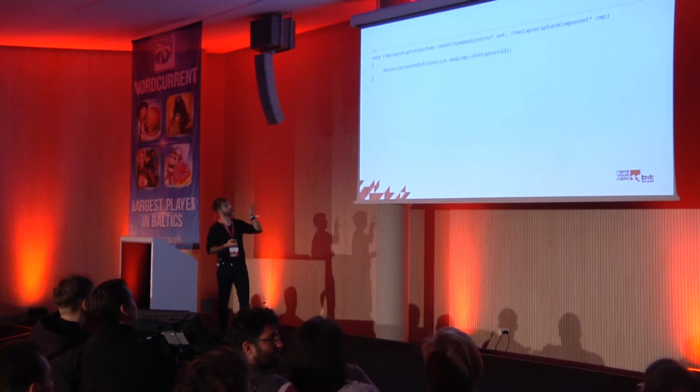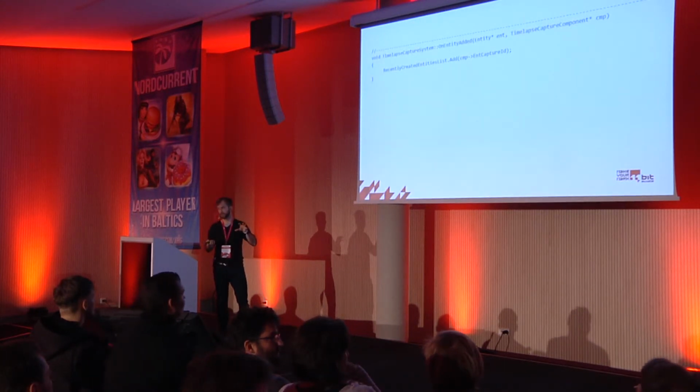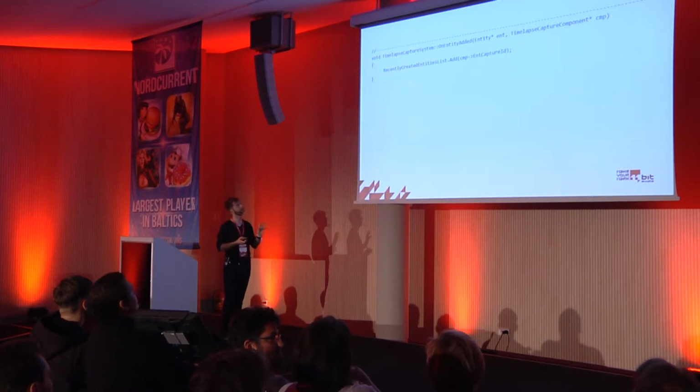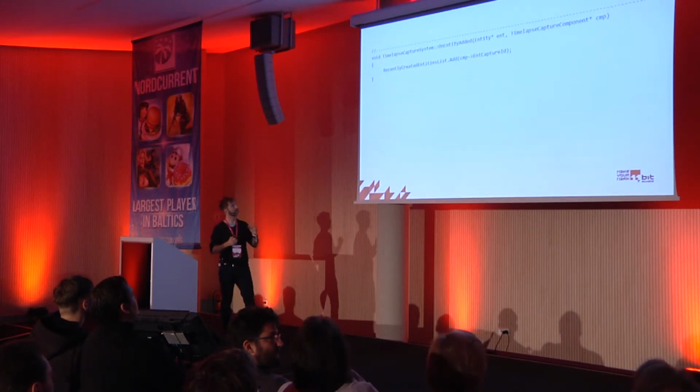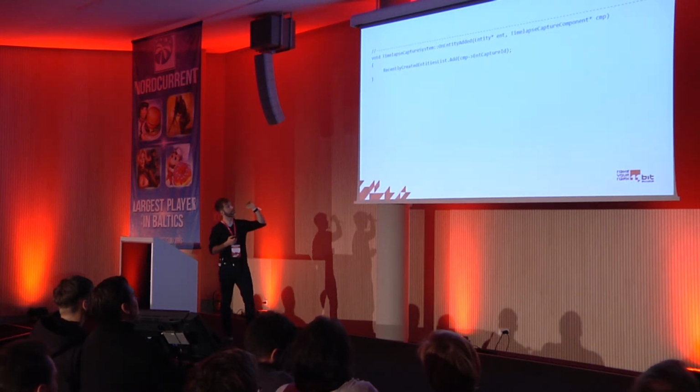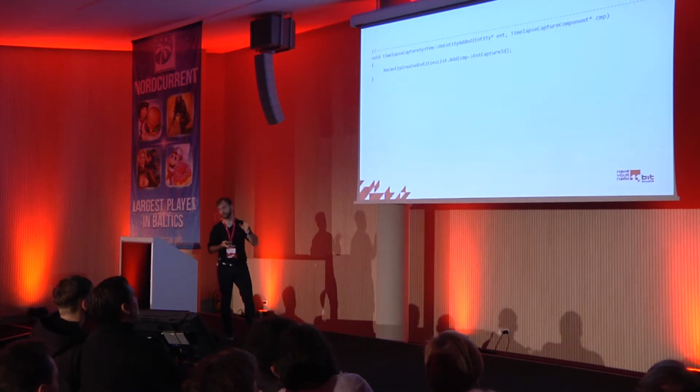Now, when we detected that the entity was added, in our entity component system we have two methods that are called each time we add an entity to the system or remove it from it. So we have entity added, and when we've detected that it was added, we add the entity to the recently created entities list.